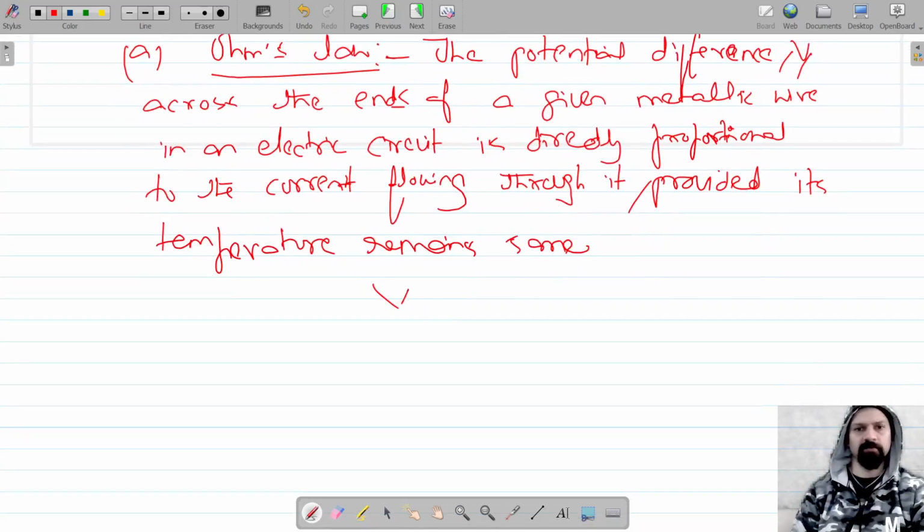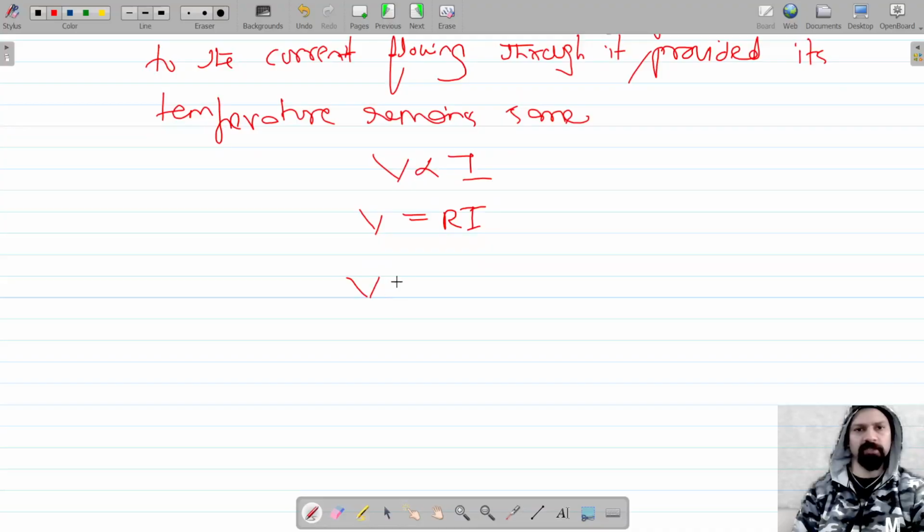That is, V is directly proportional to I, and if we remove the proportional sign, there's a constant which is called resistance. So the mathematical form of Ohm's law is V is equal to IR.